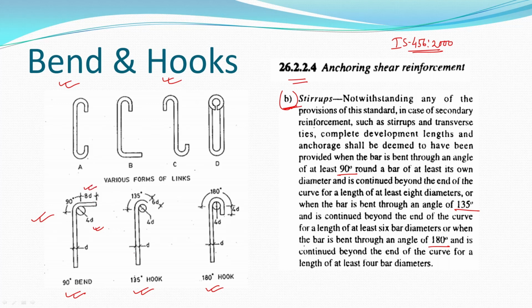Similarly for 135 degree, the extension value is 6D, that means 6 times the diameter of the bar. And for 180 degree, the bend with extension of at least 4D. So here it is 4D. The anchoring of shear reinforcement shall be deemed to have been provided if any of the following specifications is satisfied.